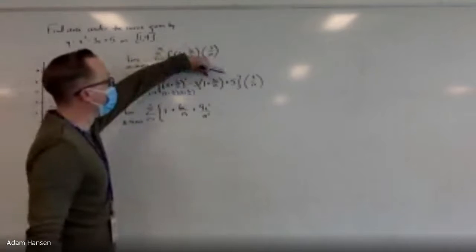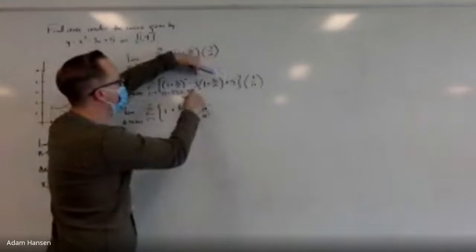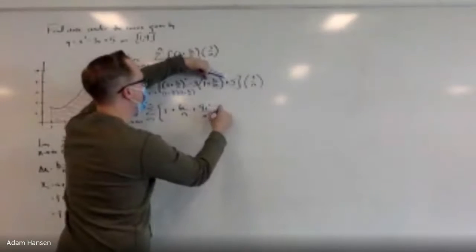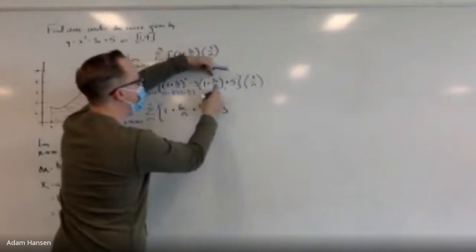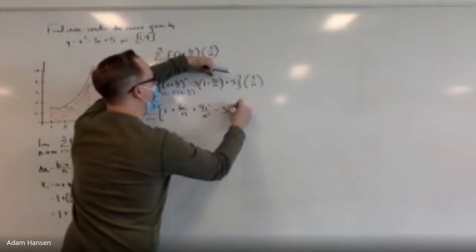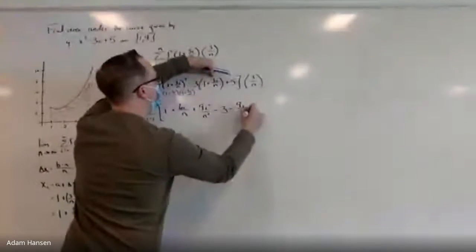Next, this middle portion here, just working through the expansion of the algebra. 3 times 1, and 3 times 3i over n would be 9i over n, plus 5.